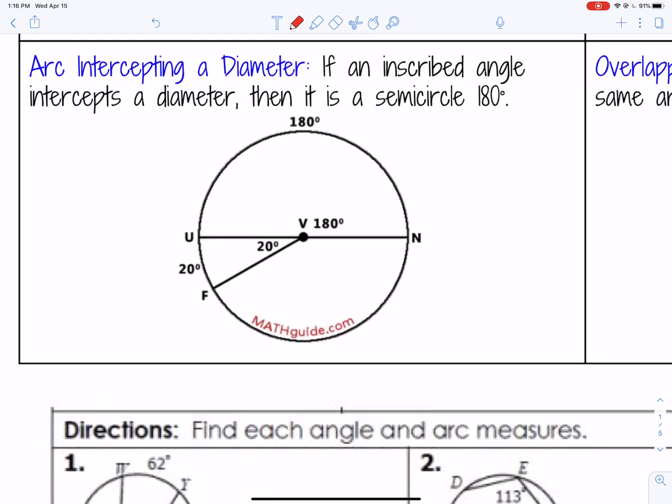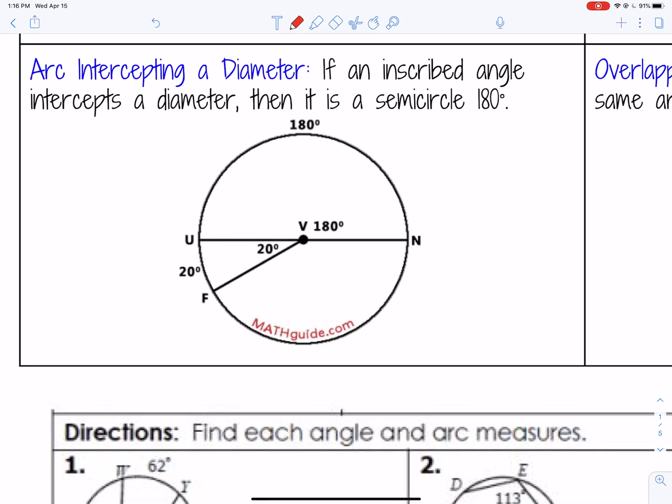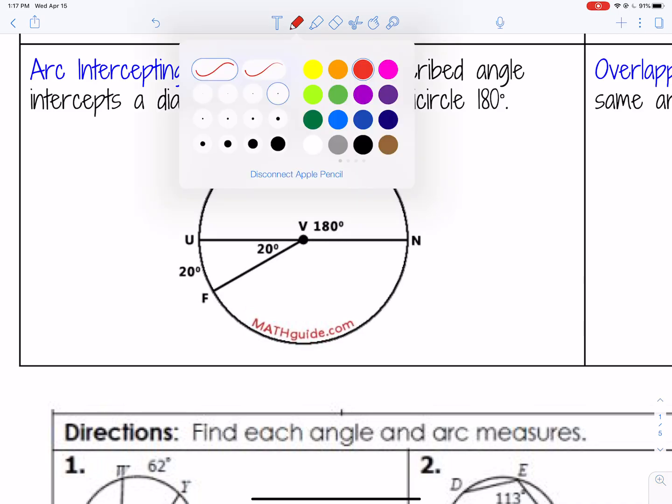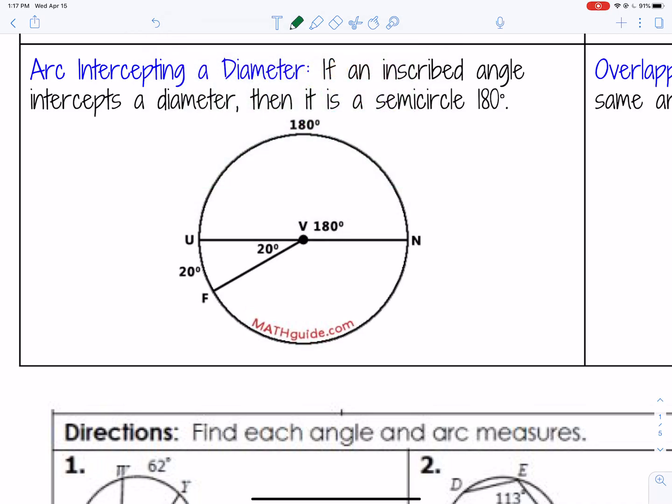All right, an arc intercepting a diameter: if an inscribed angle intercepts a diameter, then it is a semicircle of 180 degrees. So for example, if we have an inscribed angle, let's call it angle UPN.